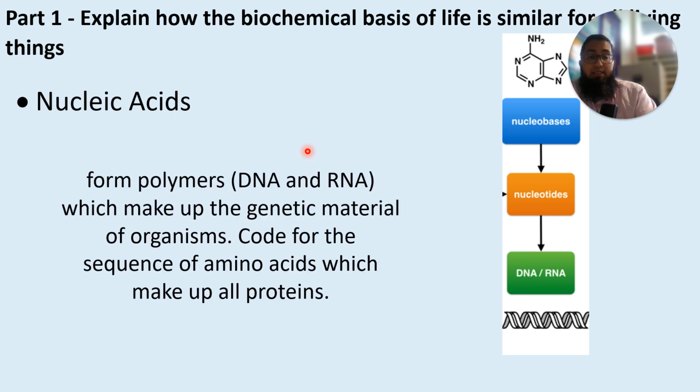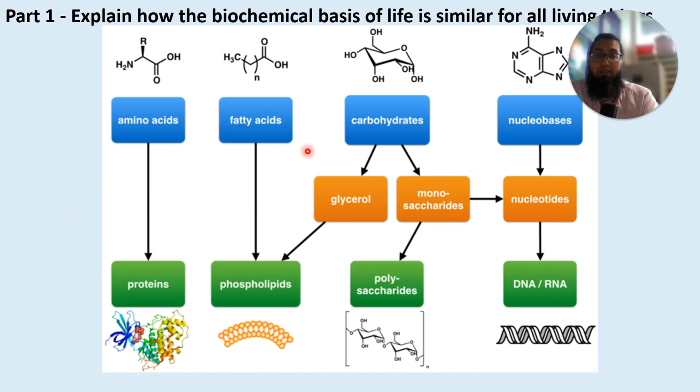Nucleic acids are monomers that come together to form DNA and RNA, and we know the job of that. Also DNA and RNA, mainly DNA, are the ones that sequence the amino acids for protein.